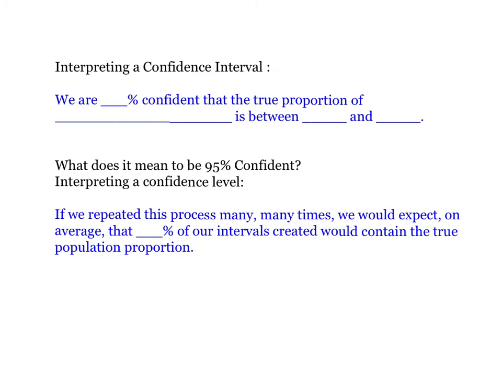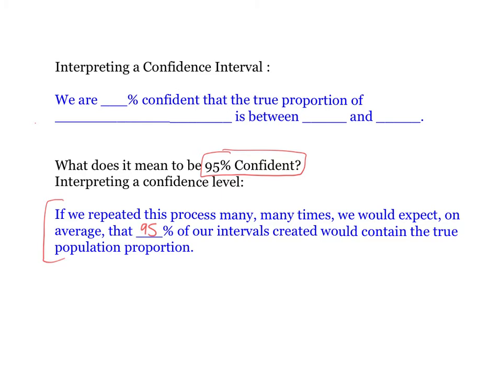Now, what does it mean to be 95% confident? This is another thing you need to learn. When we say 95% confident, what does that actually mean? What it means is this: if we repeated this process many, many times, we would expect, on average, that in our case 95% of our intervals created would contain the true population proportion.